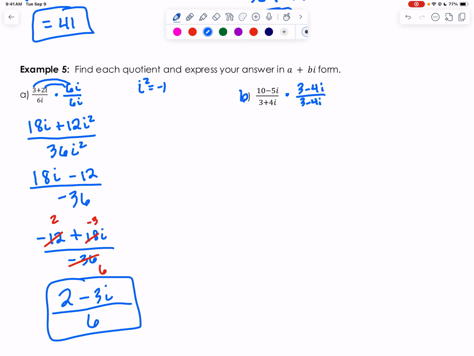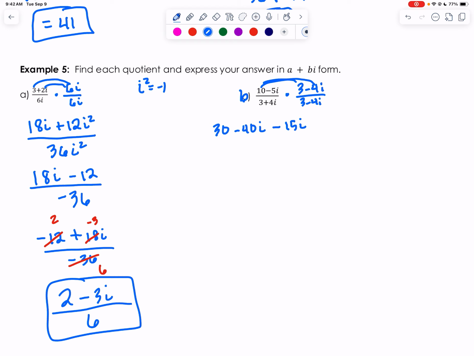So on the top, we're going to start by multiplying the 10 times everything in that numerator. So 10 times 3 is 30. 10 times negative 4i, negative 40i. Negative 5i times 3, negative 15i.